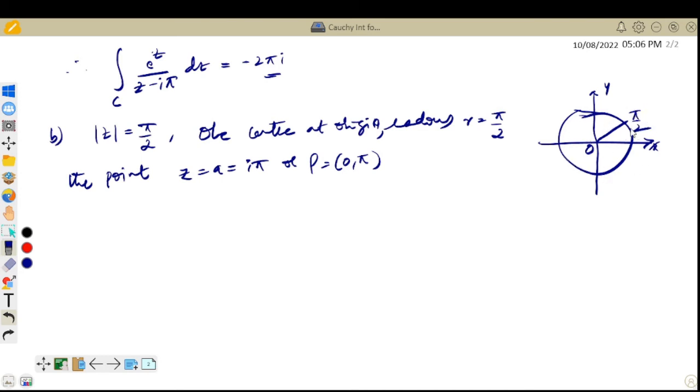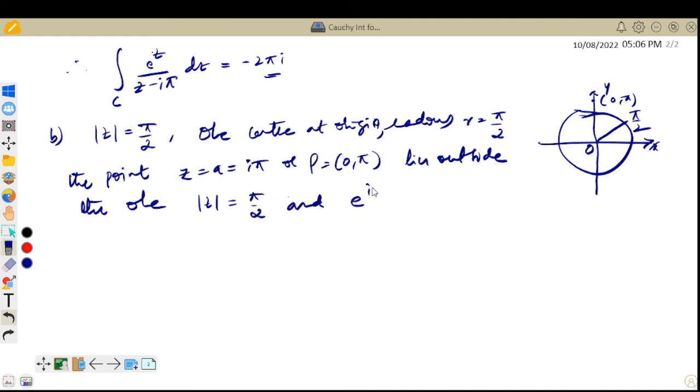So pi is greater than pi by 2, so 0 comma pi lies outside the circle. What will happen if it lies outside the circle? The point lies outside the circle modulus of z is equal to pi by 2.